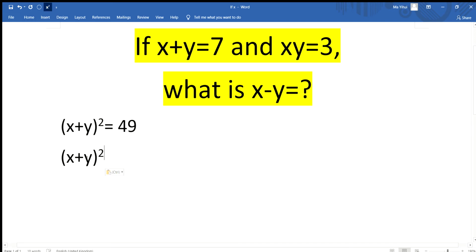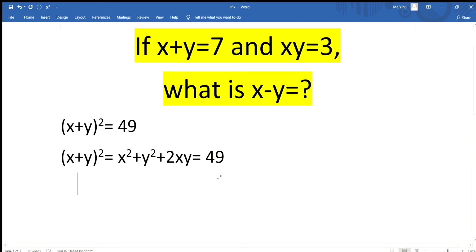Remember your formula: x squared plus y squared plus 2xy, and that's going to give you 49, right? Same thing, because it's just broken down.